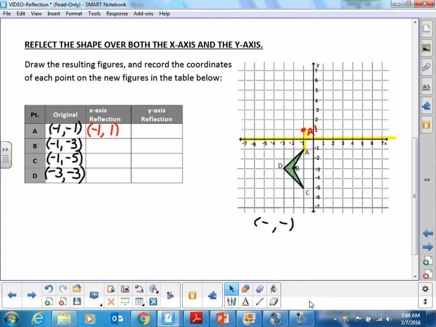Likewise, we're going to count for B. B is 1, 2, 3 units. We're going to go 3 units up. So it is going to be at negative, oh, that's wrong. This should be -2, sorry. -2, the negative, and then a +3.